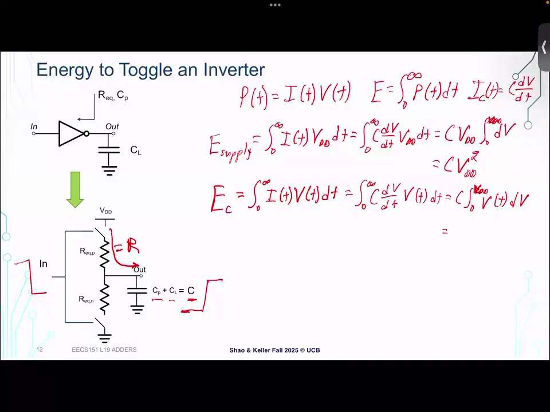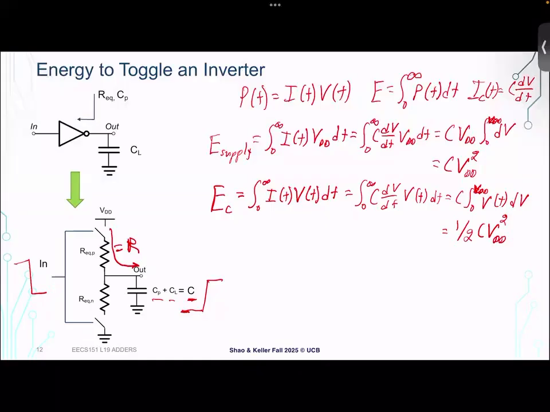Anyone want to turn on your calculus brain today? Yeah. Right, it's 1/2 V squared. Okay, so that's interesting.